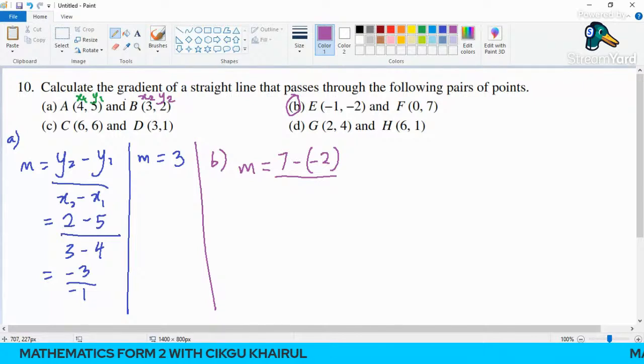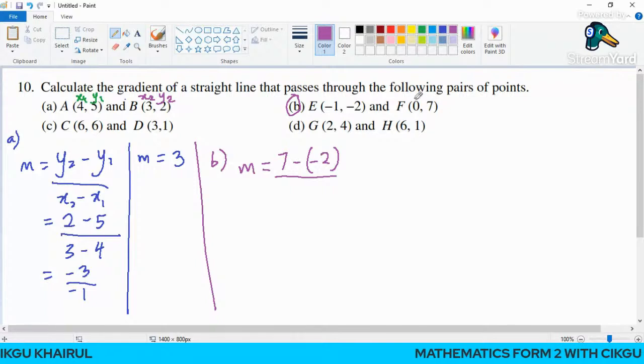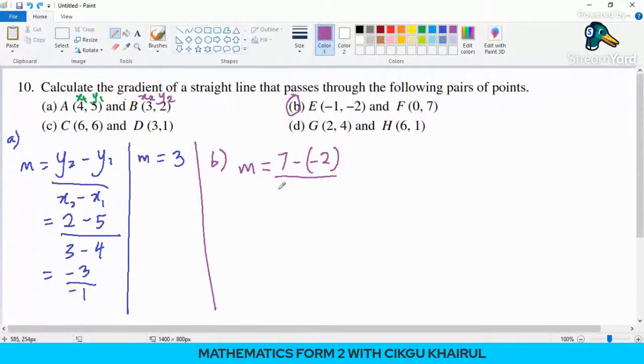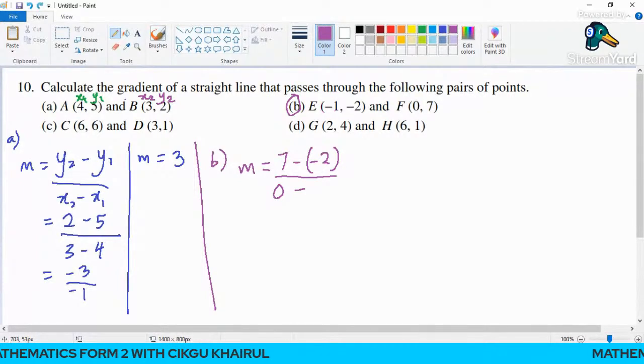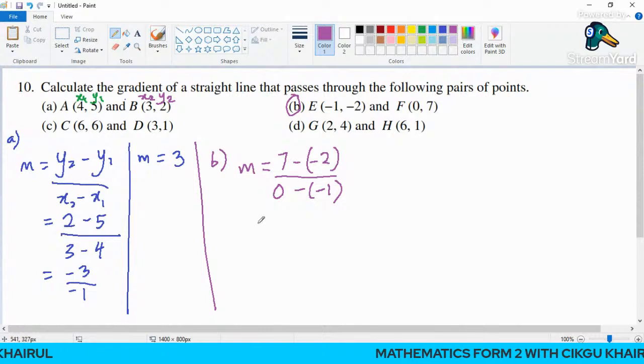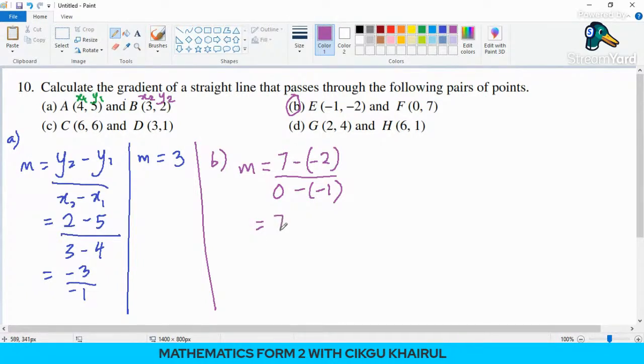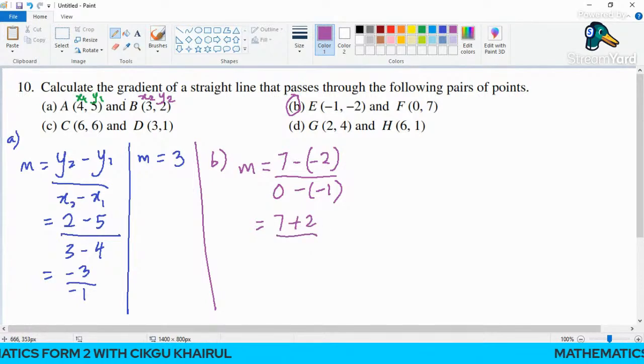Y2 minus y1. Okay. Divide with x2. X2 is this one. So 0 minus x1. X1 is this one. So x1 is negative 1. Okay. So 7 minus negative 2 is actually 7 plus 2. Negative negative become positive or become plus.